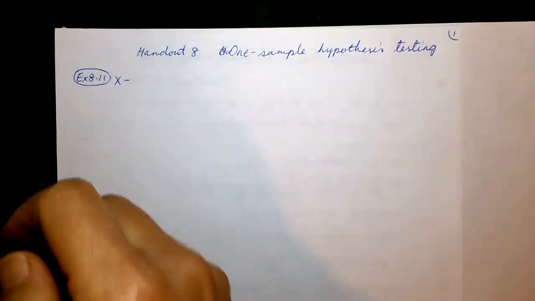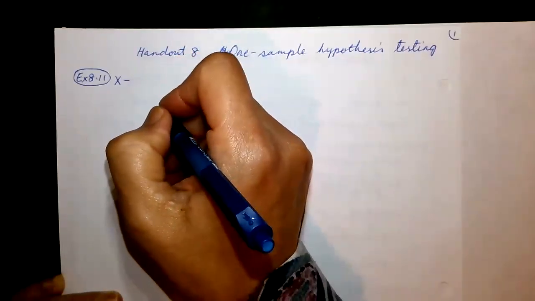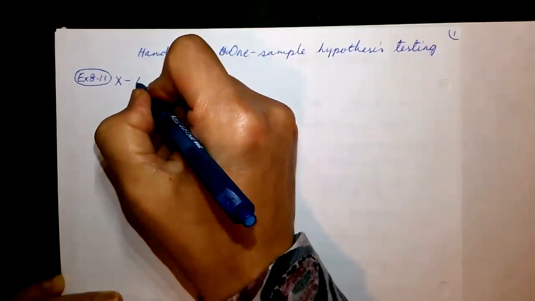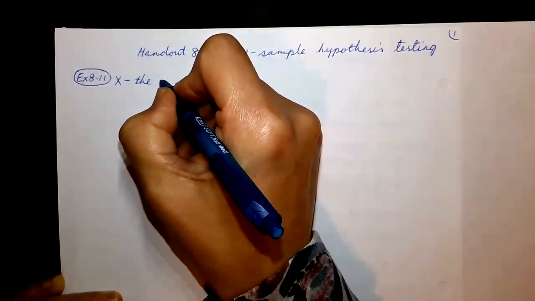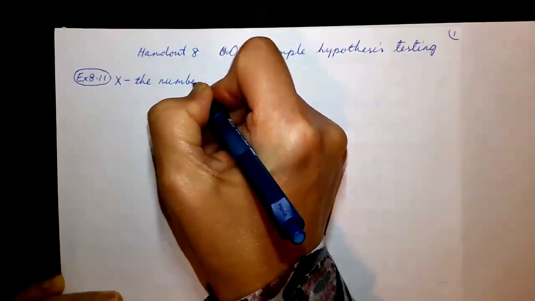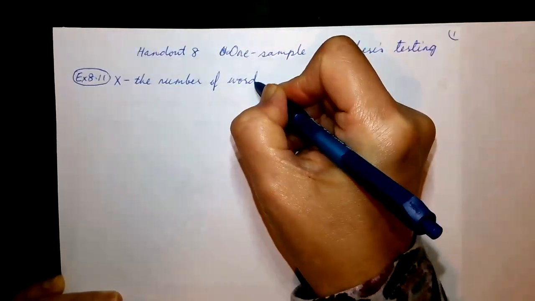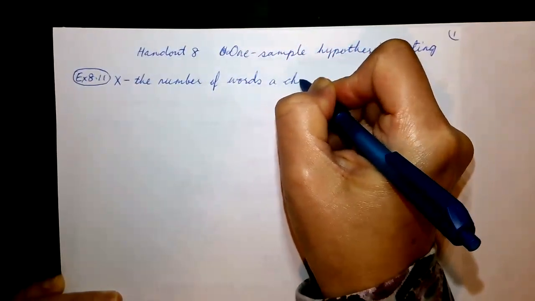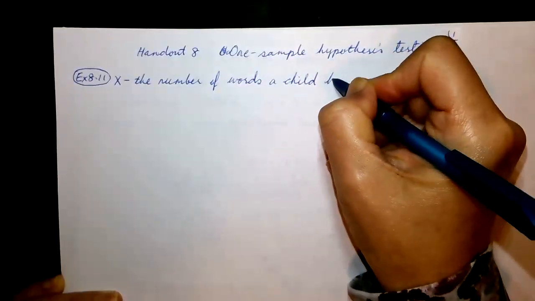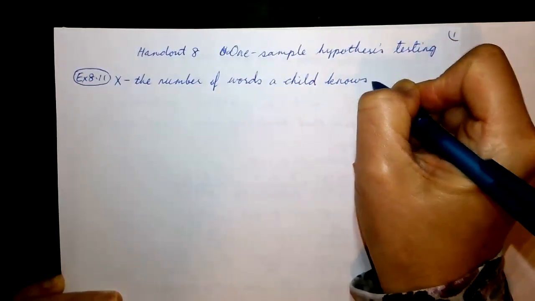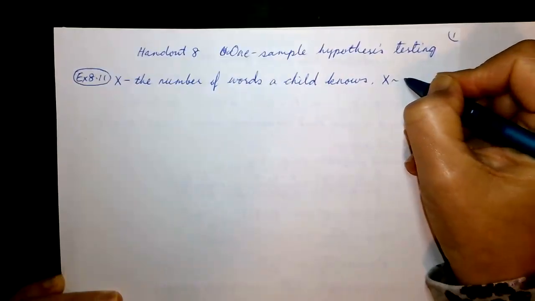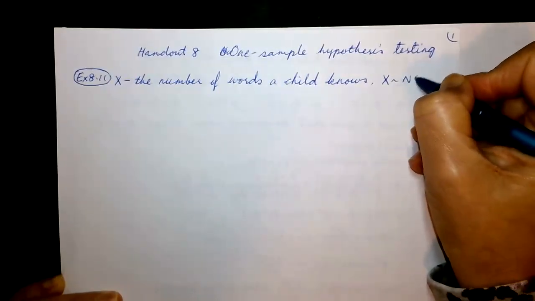Now, X is the number of words a child reaching school age knows. The number of words a random child should know or knows. We assume that this X is normal.